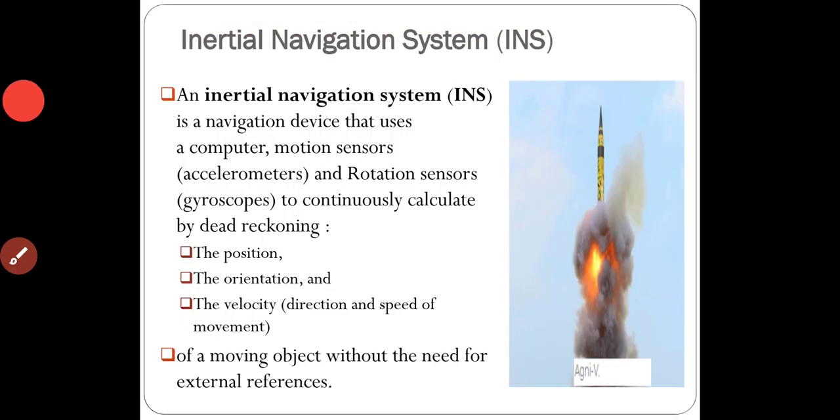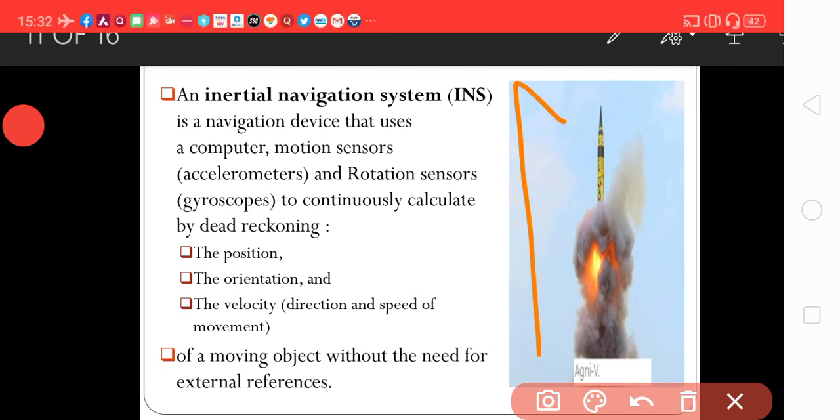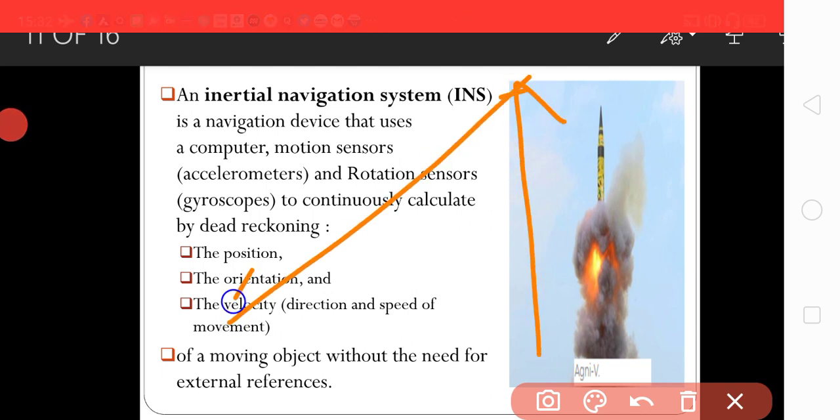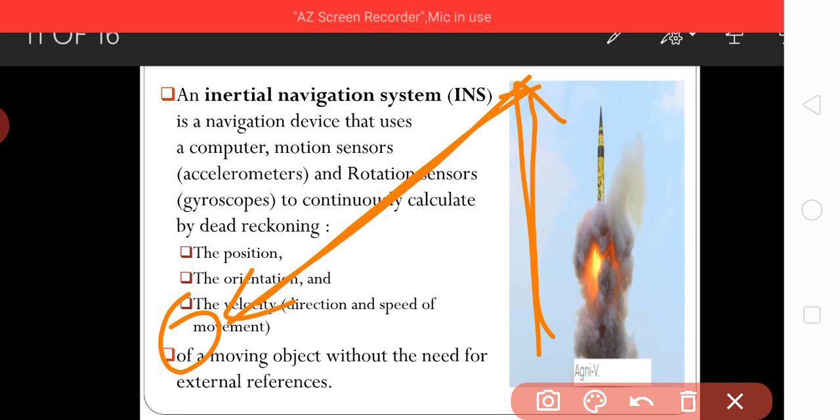Again, this is the inertial navigation system. For a missile system, an intercontinental ballistic missile going beyond 2000, 3000, 10,000 kilometers, it first goes into outer space, and then from there it hits the target vertically downward.